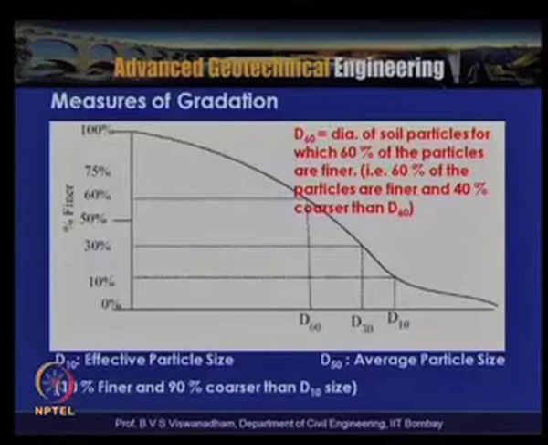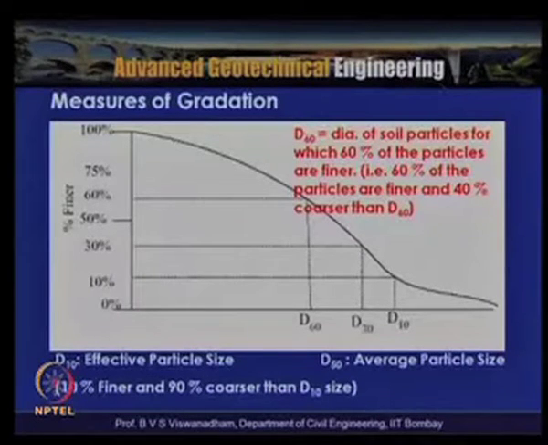D50 means 50% of the particles are coarser and 50% are finer, and D10 is the effective particle size, where 10% of the particles are finer and 90% of the particles are coarser than that D10 size.